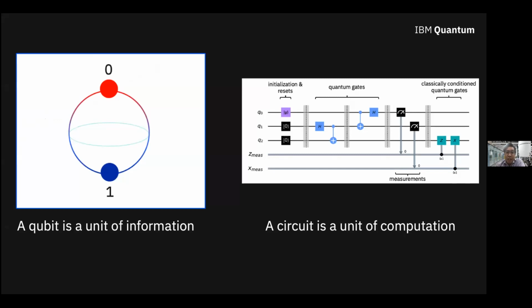It's a collection of applying operations across a register of qubits with quantum gates, initializations, resets, and measurements that can also lead to classical operations on the bits that come out of the measurements. That really forms what I would call the unit of computation.